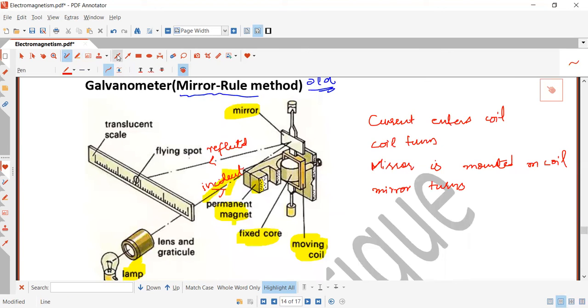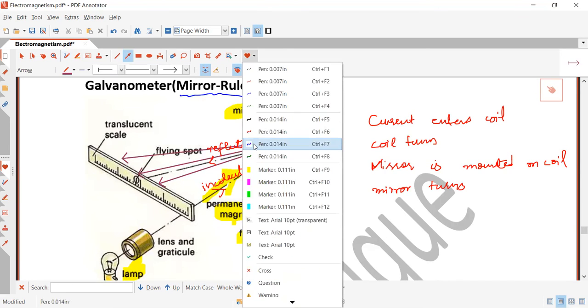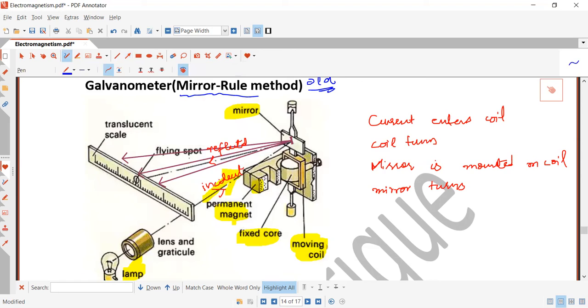So what is going to happen? The angle of incidence of the light is going to change, so the position of the reflected light is going to change from this position to this position to this position on what? On the meter rule. Here, students, is the meter rule, or a scale. These are 1, 2, and 3, the reflected rays.